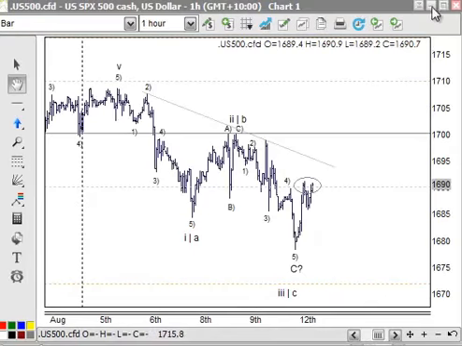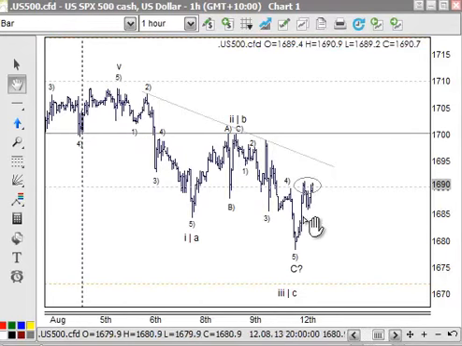If we drill into that a little bit closer, this is the 1 hour chart. If we're looking at the A wave, the B wave and the C wave here with a question mark, this move up, as you can see, looks quite powerful in its own little way, doesn't it? So it's displaying more of an impulse structure, and that's why it can be a wave 1 to here and a wave 2 and further up.